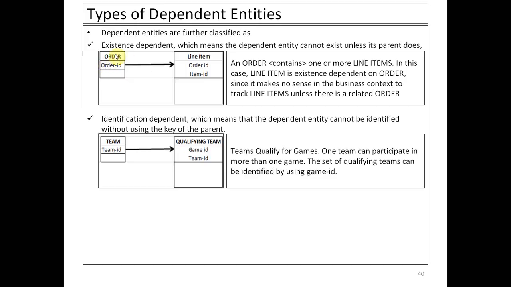Alternatively, from the parent side, unless there is an order, there cannot be any line item which can exist without an order. So the presence of an order determines the presence of certain line items belonging to that order in the line item entity. So this is an existence dependent entity, which means a dependent entity cannot exist unless its parent exists.